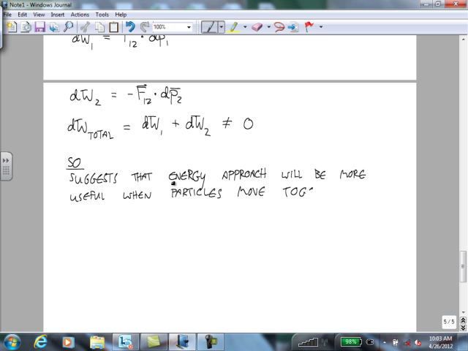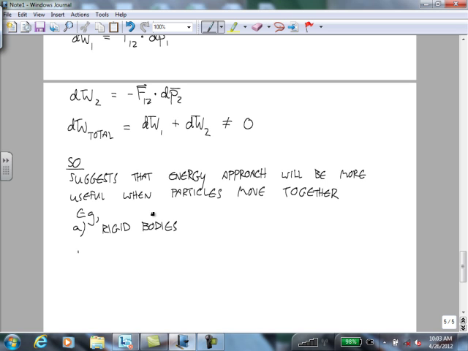What are some examples? Well, rigid bodies. And another example is pin joints between rigid bodies.